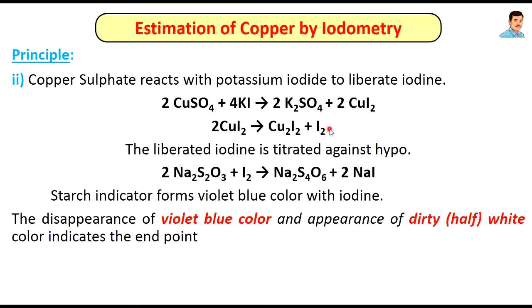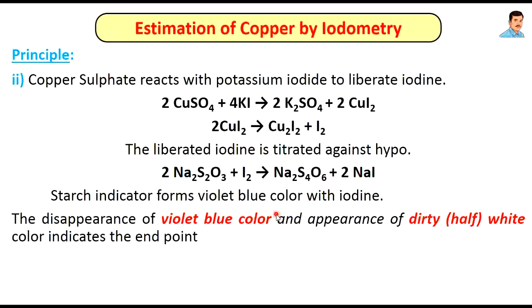The iodine which is liberated forms a complex with the indicator, that is starch, and forms a violet blue color. Then it is titrated with the hypo solution, where hypo reacts with iodine and forms sodium iodide.